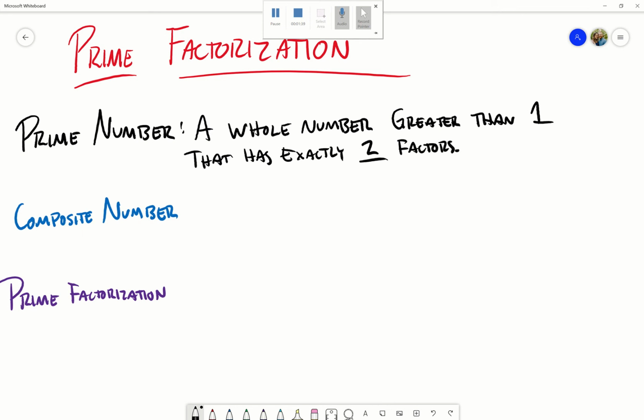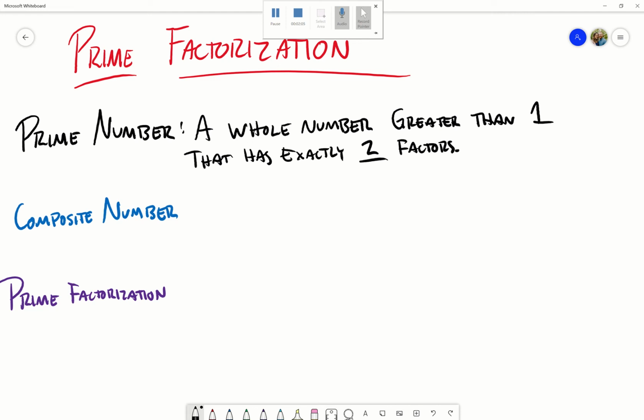All right. So it's a whole number greater than 1 that has exactly 2 factors. And if you guys know about factors, you should have been talking about them last year. We remember that factors, they are like the smaller numbers that multiply together to get to a large number.